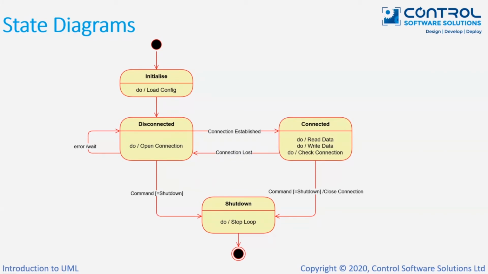Hopefully that makes sense. So by putting this notation on the syntax on the transitions, you can give people quite a lot of information about how you want it to be implemented. So if we're just thinking about the LabVIEW implementation, I might say, okay, I'm not going to have a case for initialized, disconnected, shutdown, or connected, but I might have a case for wait, open connection, close connection, stop loop, read, write, and check.